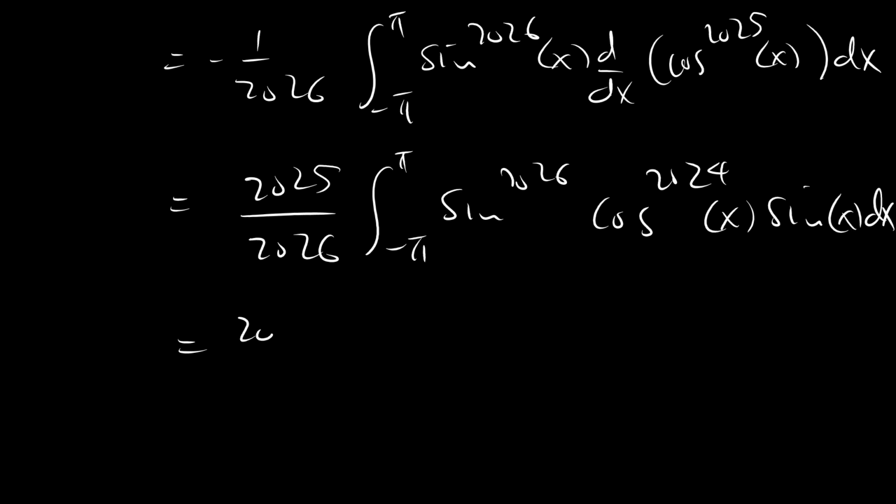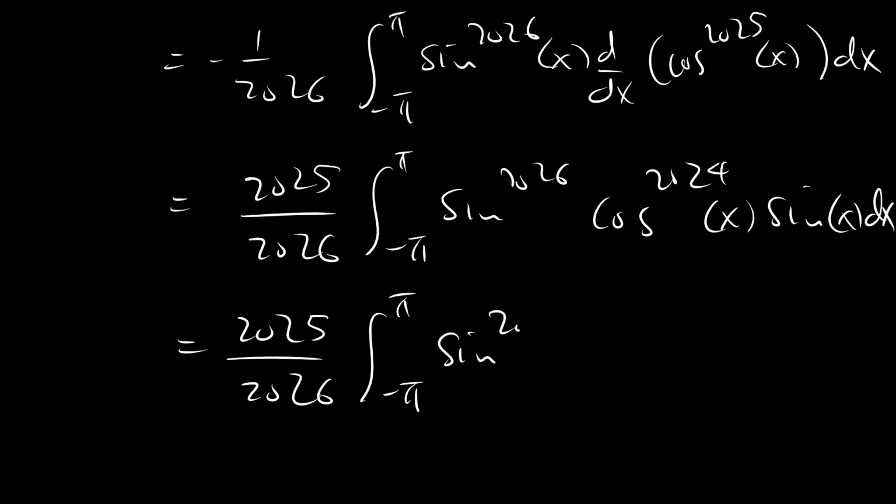So this is sine to the power 2027 of x, cosine to the power 2024 of x.